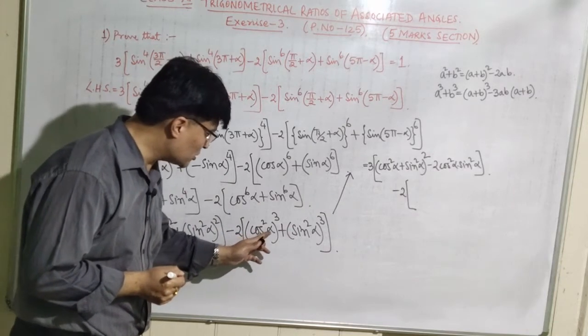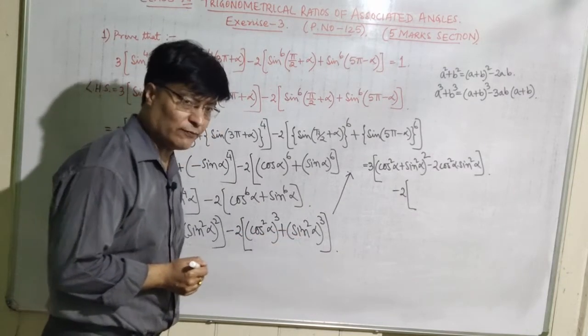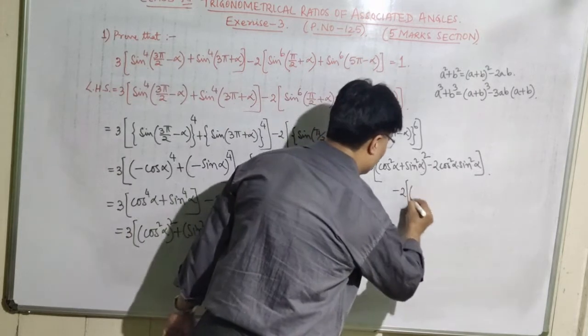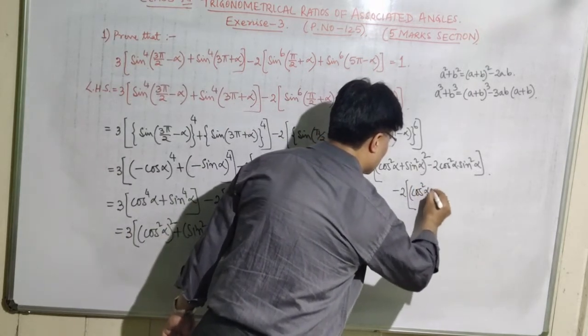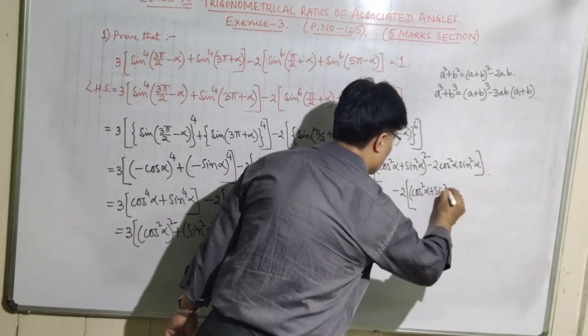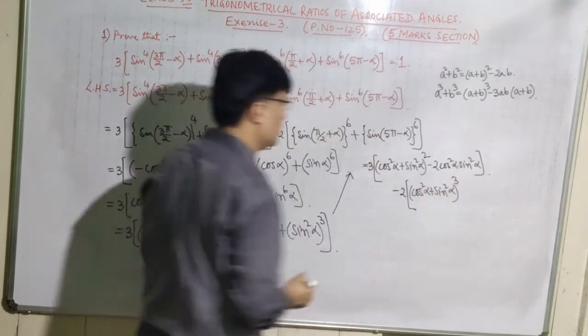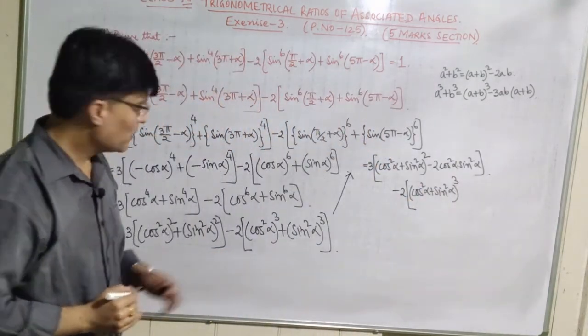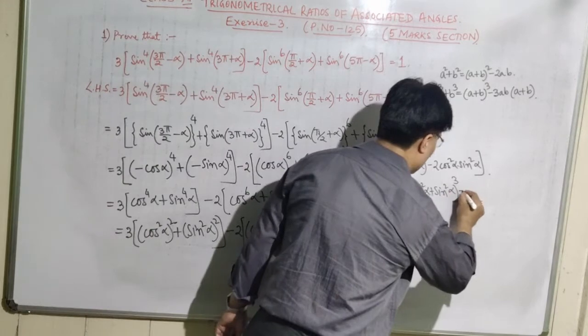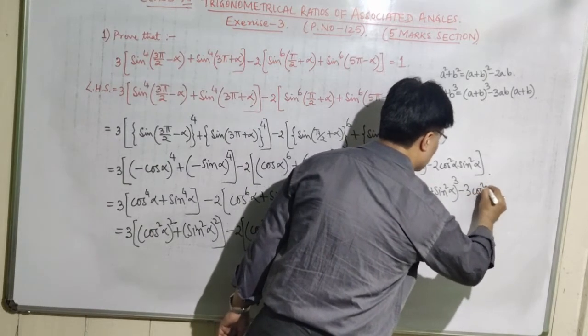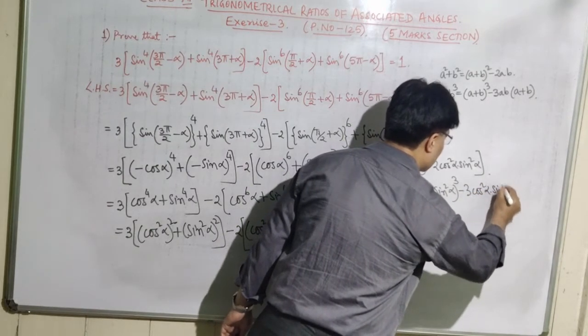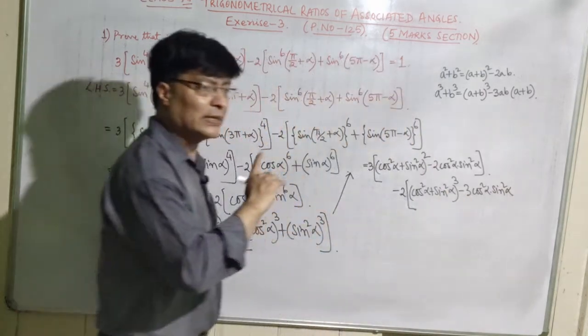Here A is cos square alpha and what is B? Sin square alpha. So what is A plus B whole cube? It is cos square alpha plus sin square alpha whole cube. That is your A plus B whole cube. Minus thrice AB, minus 3 cos square alpha into sin square alpha. That is your thrice AB.